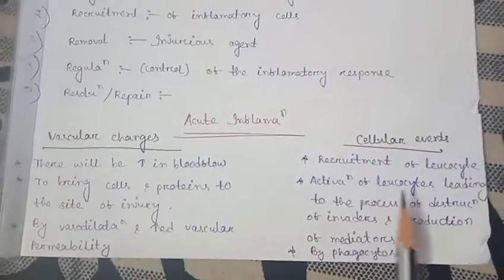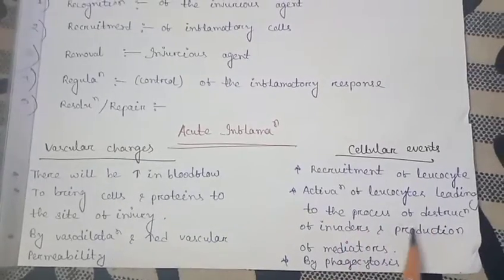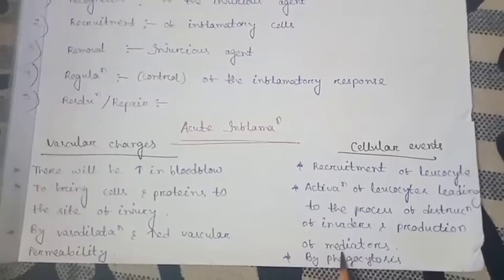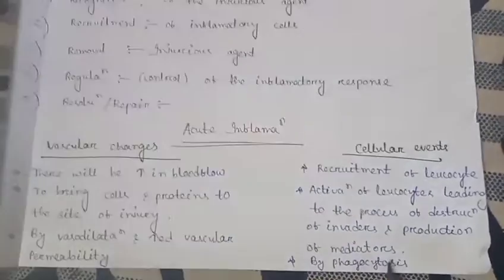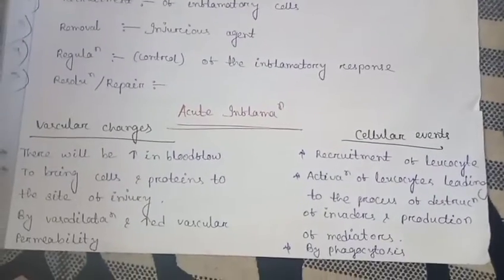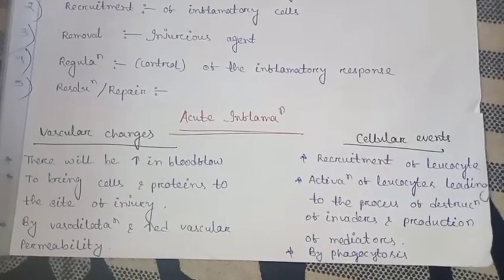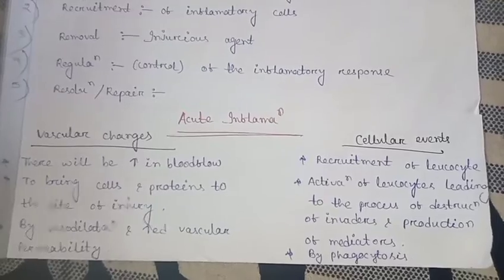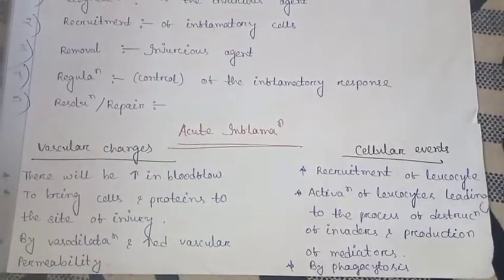Because of activation of leukocytes, leading to the destruction of the invaders and the production of mediators by the phagocytosis method. Hence, vascular changes occur for the requirement of proteins at the site of injury, whereas the cellular events occur for the destruction of microbial agents.